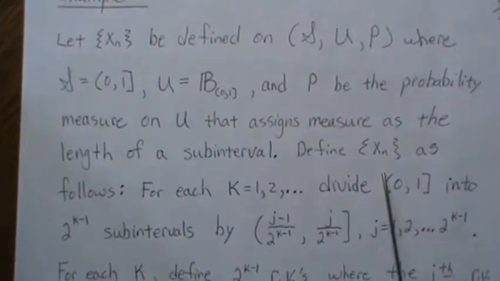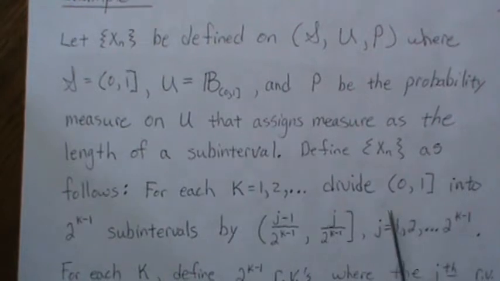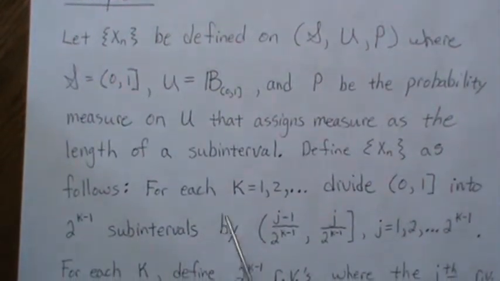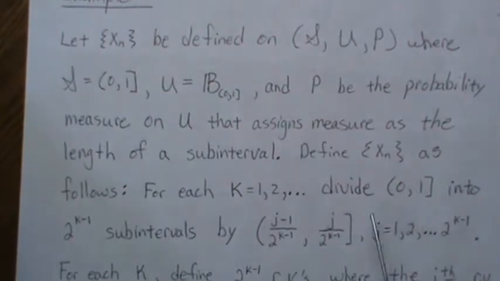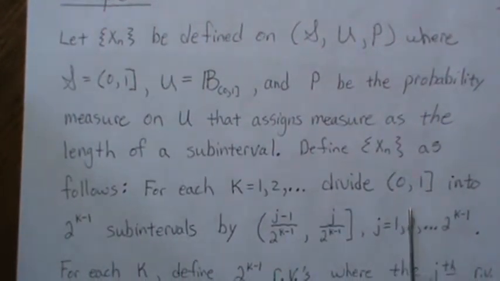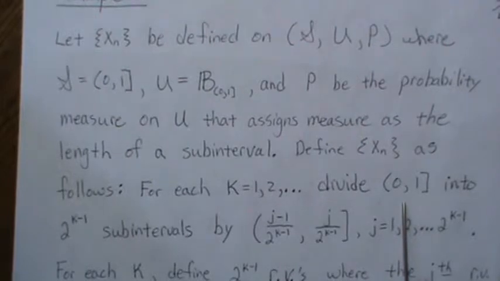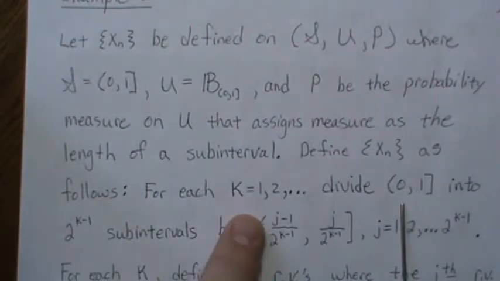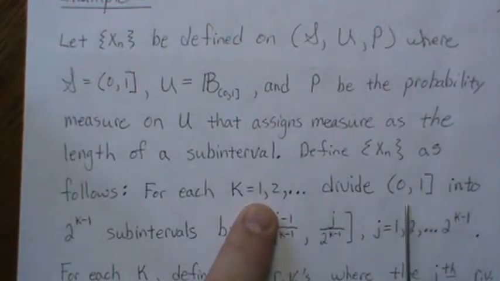So let's define a random variable on this space, and we're going to do it in a unique way. For each k, we're going to divide the interval into that many same-length subintervals. When k is 1, we just take the whole interval.